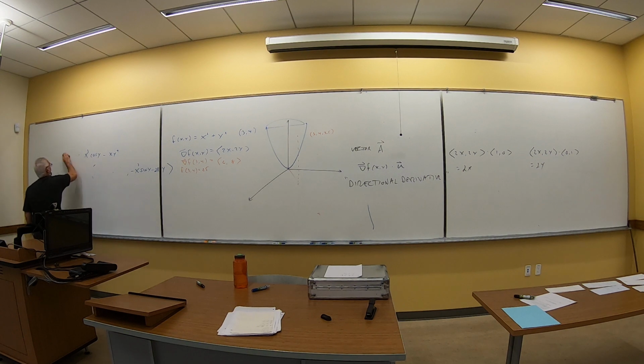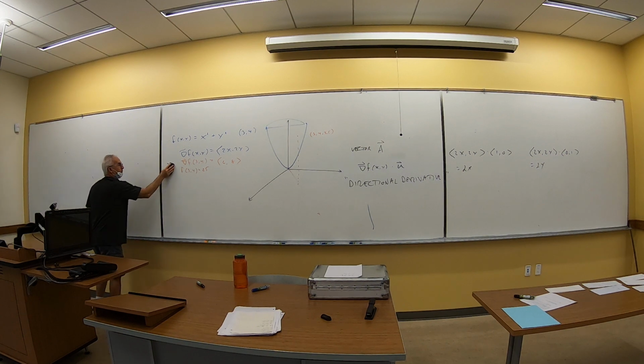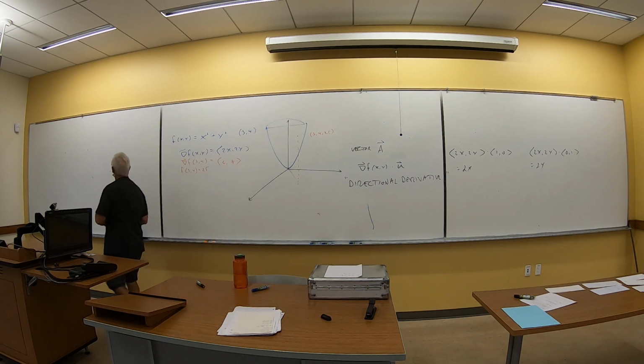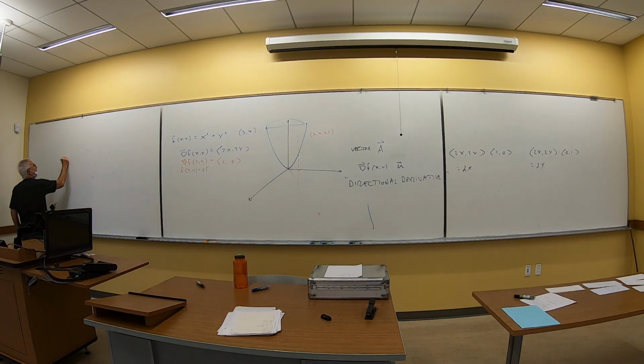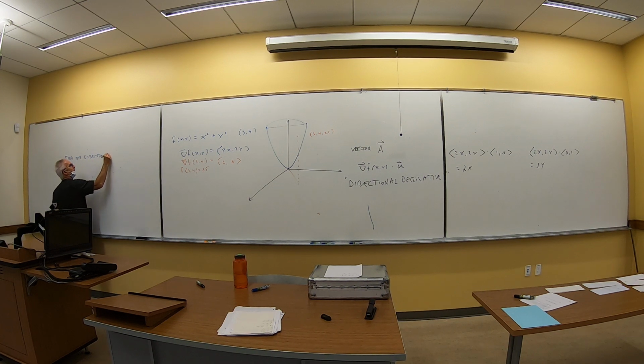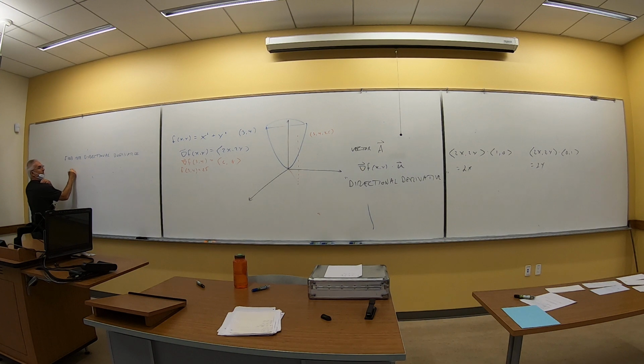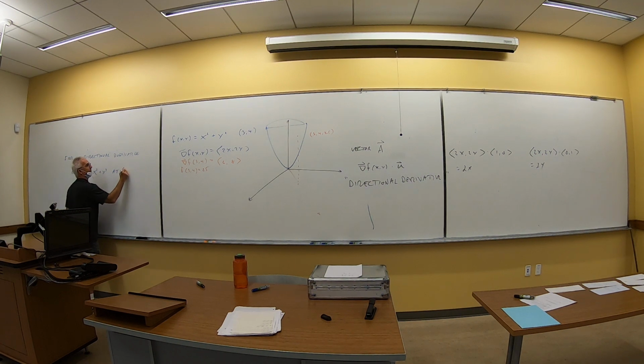So let's go back to our Bloomin' Onion example here. Find the directional derivative of f of x, y equals this at 3, 4.